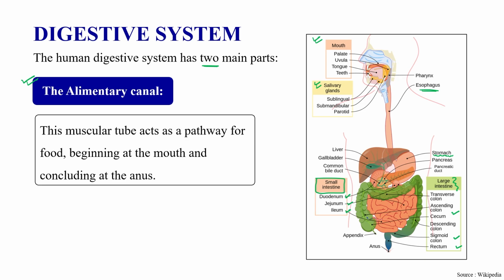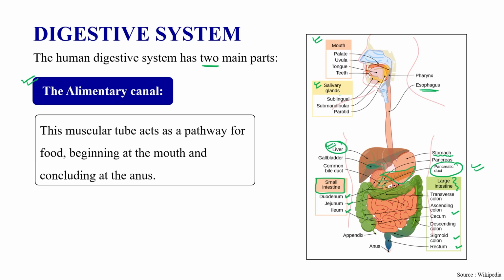Okay, and some glands are present over here also, like the liver, and this leaf-like structure is known as the pancreas. The pancreas acts as both an exocrine and endocrine gland, so it is able to release certain hormones and certain enzymes. So there are three types of glands involved, which provide certain enzymes, and the liver helps to produce bile, which helps in the digestion of fat.